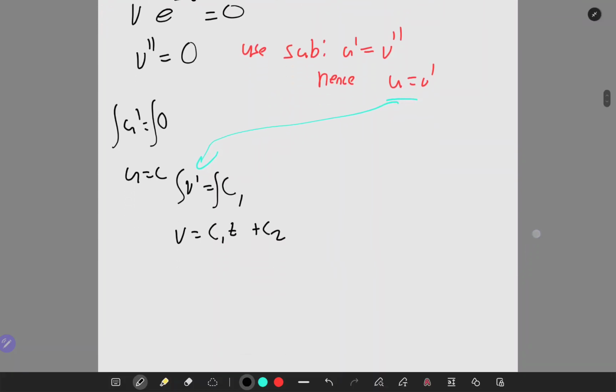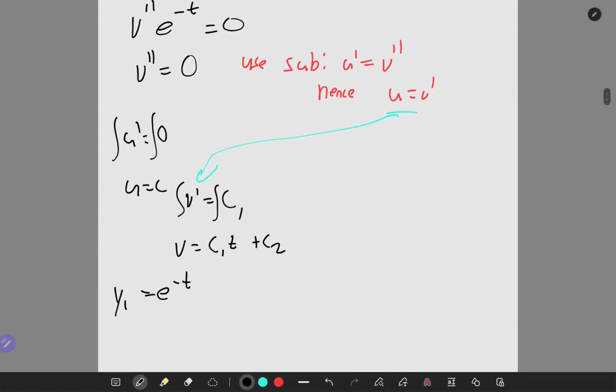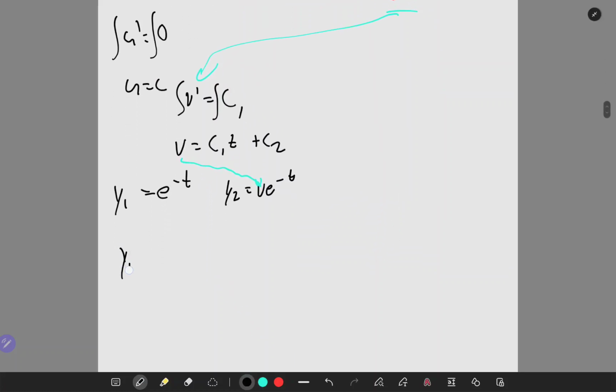We plug that back into our original y2. So y1 was what? e to the negative t, I think? Yep. And y2 was v e to the negative t. We're going to plug this into here. We get c1t plus c2 times e to the negative t.